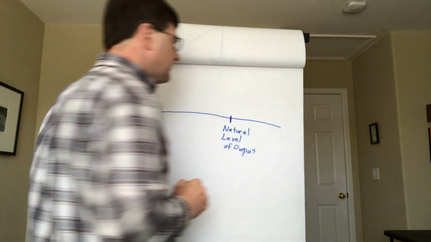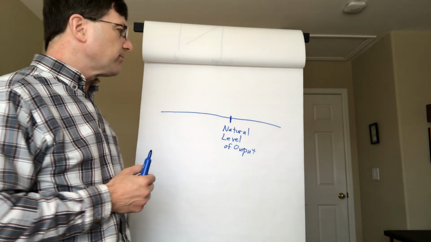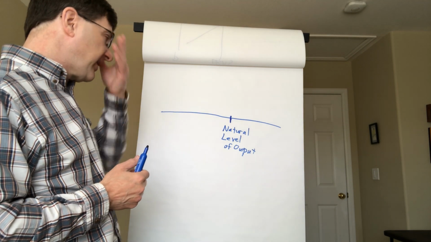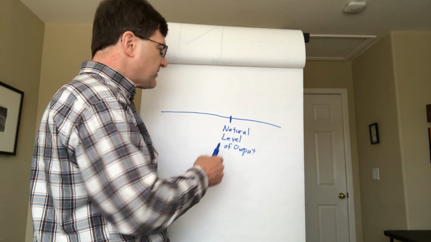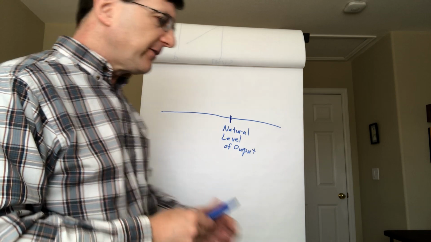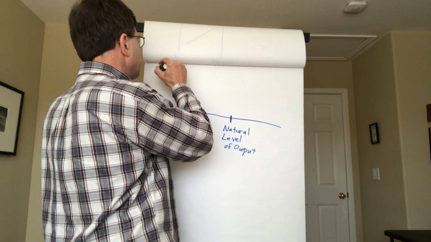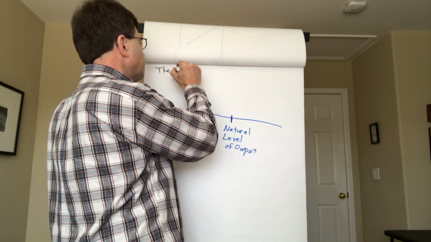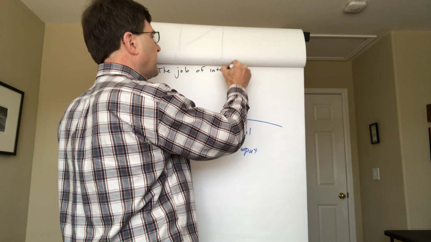And the job of interest rate policy, which is the single most basic job of a central bank, is to get aggregate demand to be on top of this natural level of output. So make the quantity of aggregate demand equal to that. So this is the job of interest rate policy.